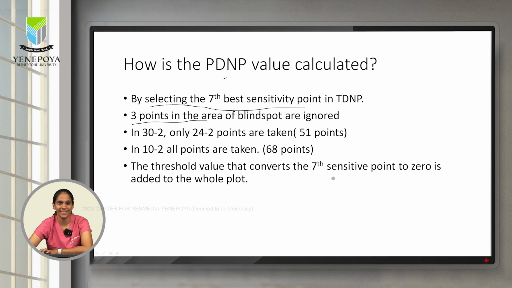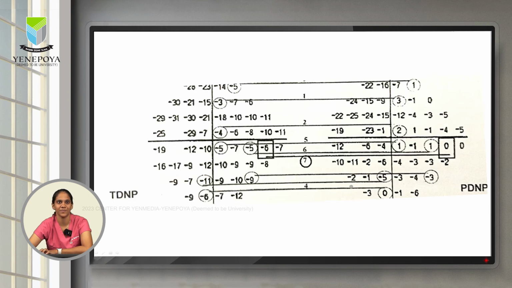So how do you take the 7th best sensitive point? You take all the values in the plot that I talked about and arrange them in ascending order. In that order, whichever is the 7th point will be your 7th best sensitive point. If you see here, -3, -2, -3, -4, 1, 2, 3, 4, 5, these numbers are arranged in ascending order.